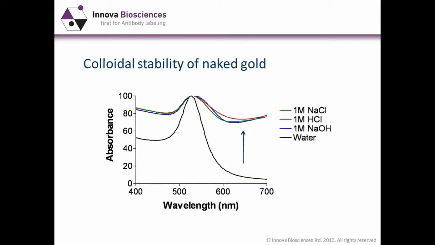If we now look at the colloidal stability of naked gold and Innova coat gold, then there's no subtle difference here. There's a drastic change in colloidal stability. So this is naked gold in water, and then we've added either 1 mole of sodium chloride, hydrochloric acid, or sodium hydroxide, and this is an instantaneous change, immediate aggregation, which you can see quite clearly from the profile.